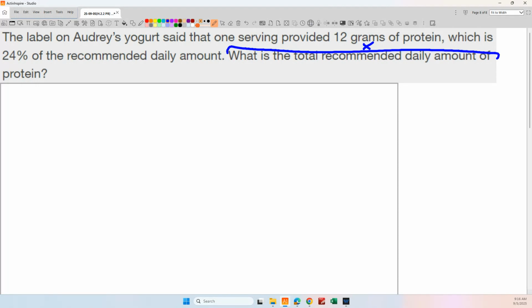So 12 grams is, so 12 equals 24% of, right? If we turn all this stuff into words, 12 equals 24% of the daily recommended amount, 0.24x, and those things must be equal.